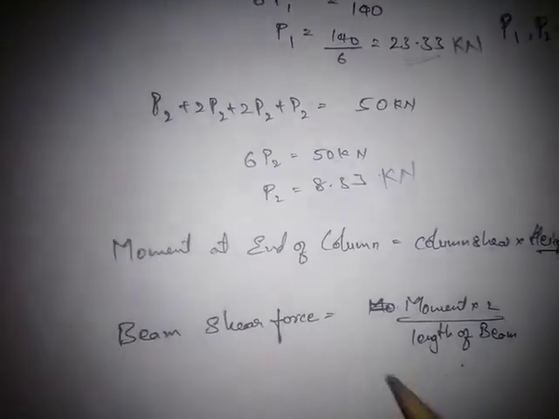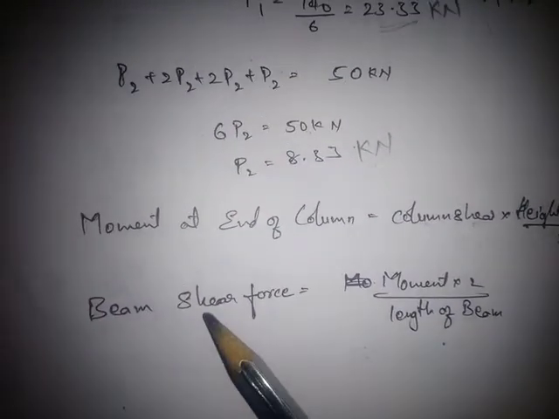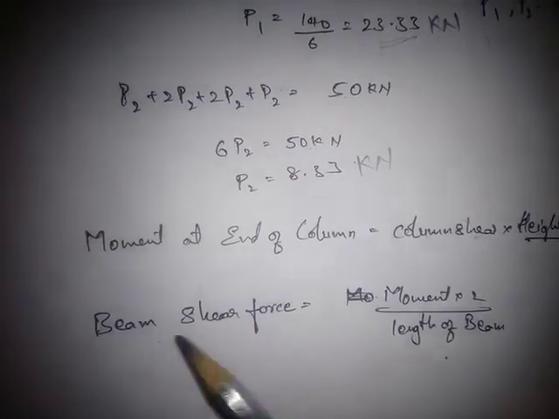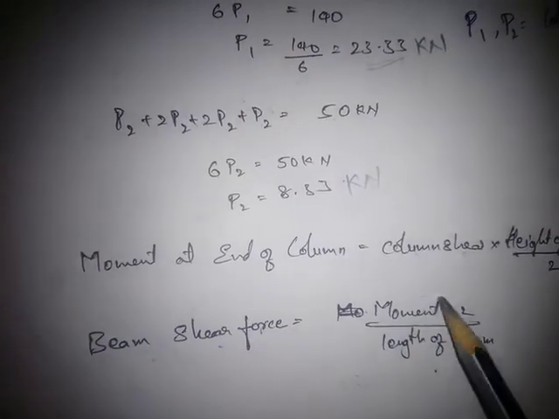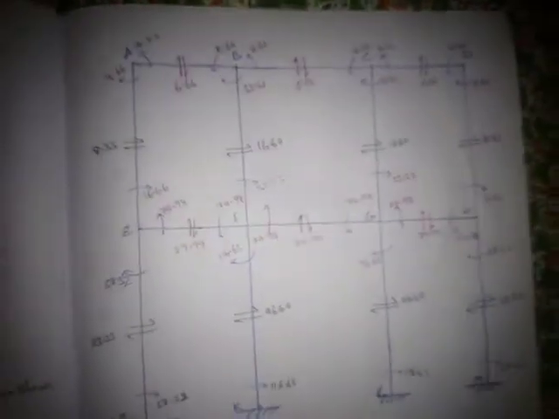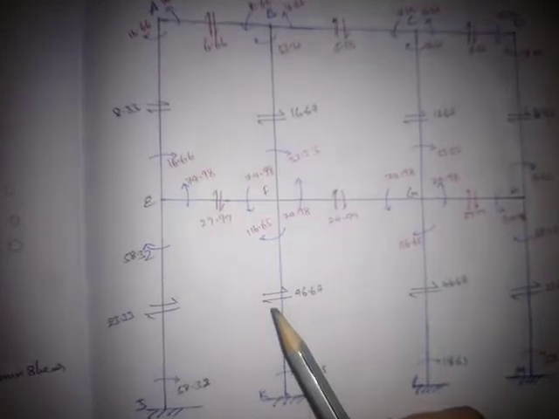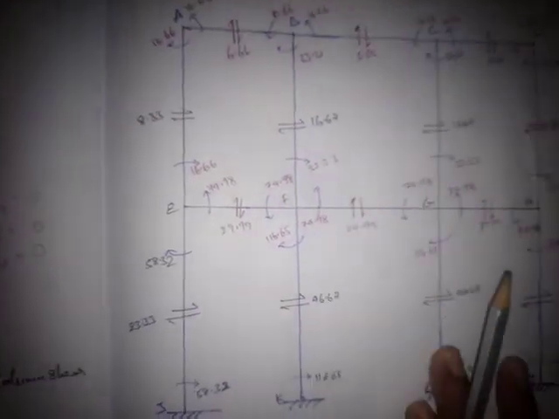That is the basic formula. The reverse process we do to calculate the beam shear force, that is, moment into 2 by length. We will discuss that when we go to the moments. First we calculate the shears of columns.